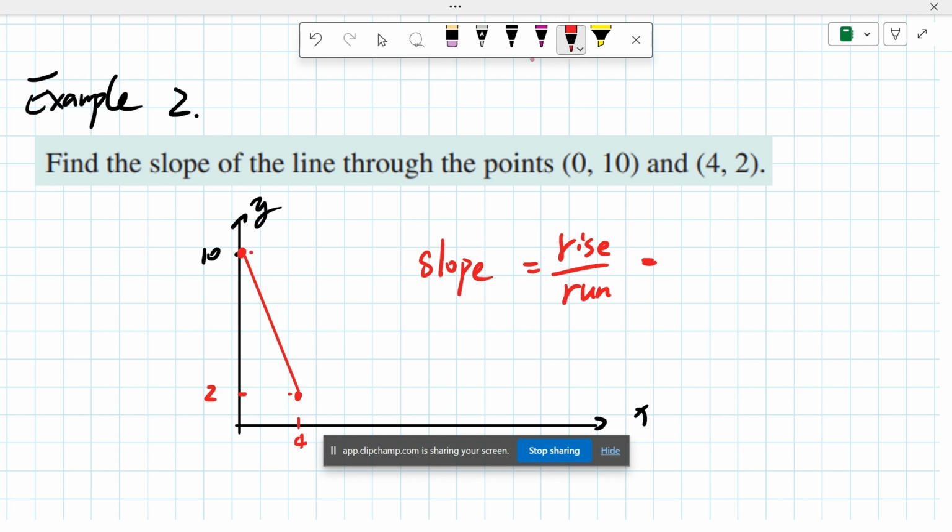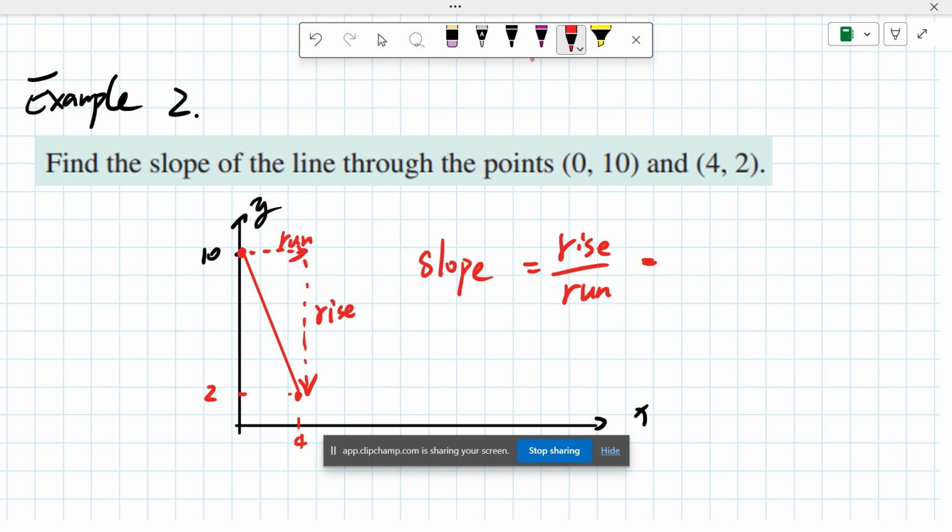The rise goes to this end, and the run goes to that end.